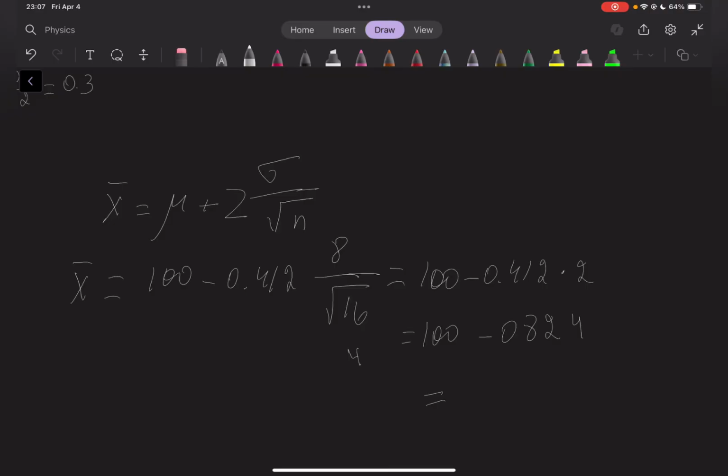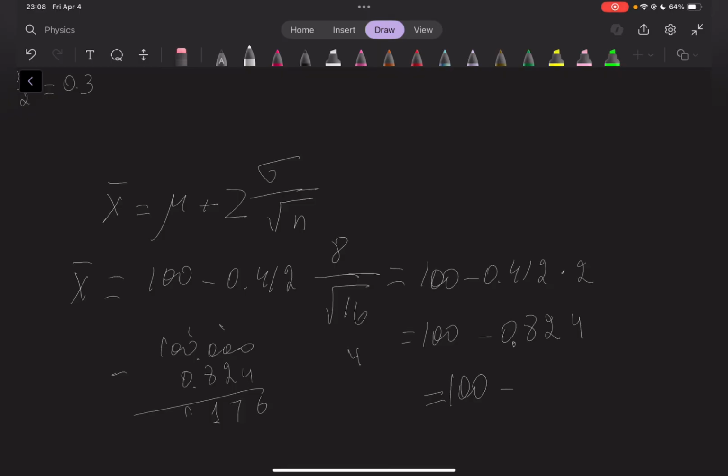The result is going to be 100 minus 0.824. This is 6, 9 minus 2 is 7, 9 minus 8 is 1.